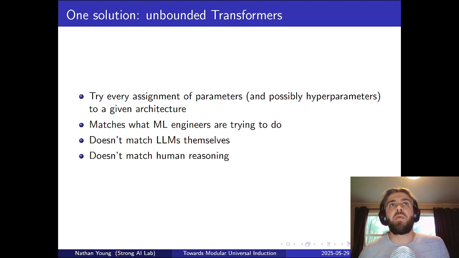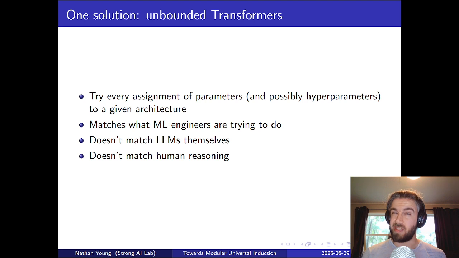One scheme I proposed in a previous iteration of this meeting for an unbounded reasoning schema that would approach transformers better, I called unbounded transformers. That is, rather than trying every input to a universal Turing machine, try every assignment of parameters, and optionally also hyperparameters, to a particular transformer architecture. I think this matches more closely what machine learning engineers try to do to find the optimal assignment of weights to a neural network.